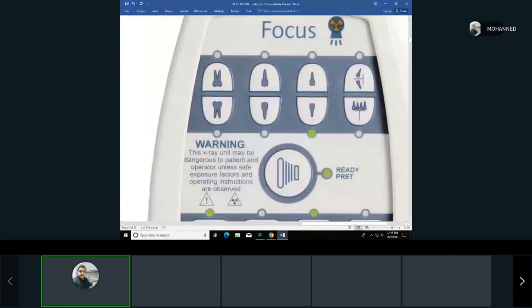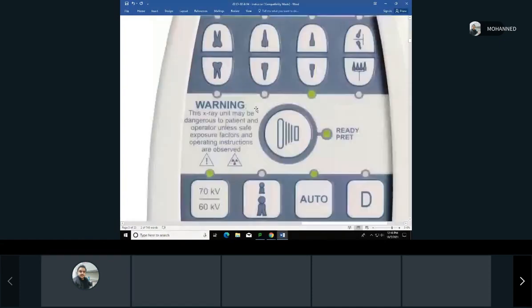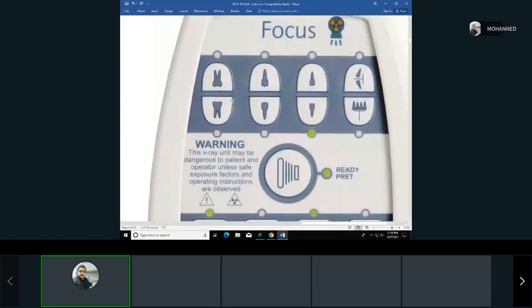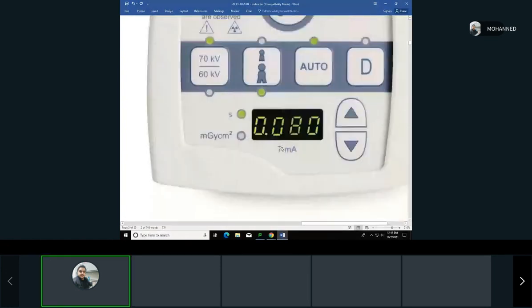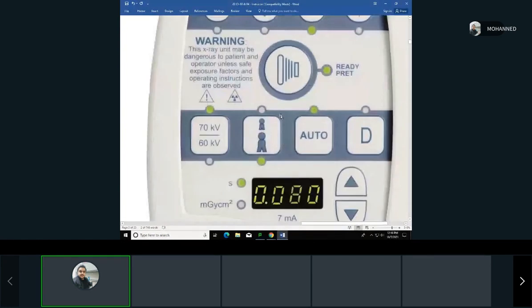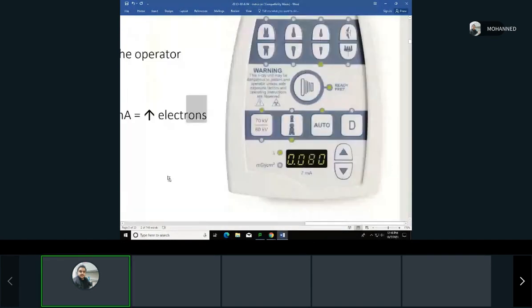When you press one of these, it might change the kilovoltage or milliamperage based on the region. But most of the machines nowadays are already preset at a kilovoltage that is usually 70 and usually 7 milliamperage, and that's it. You just control the timing, okay? So we know that is one.